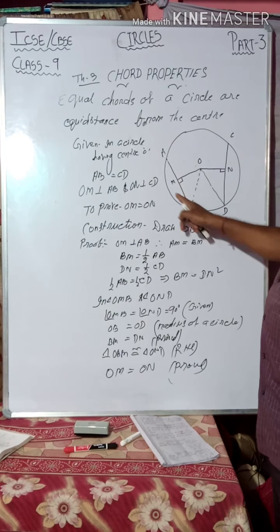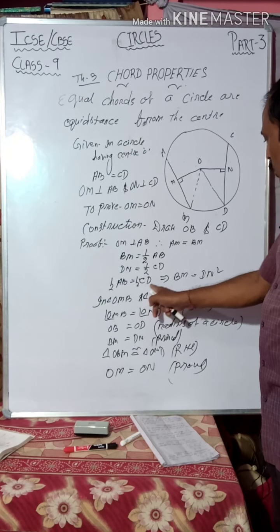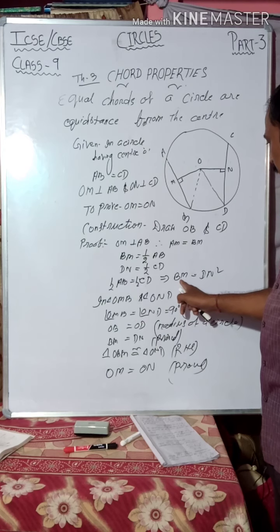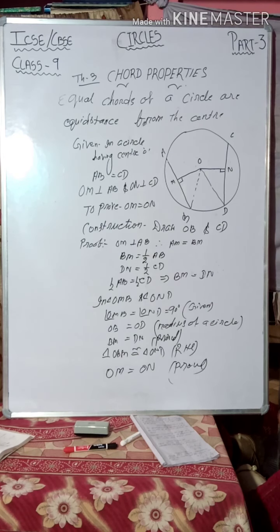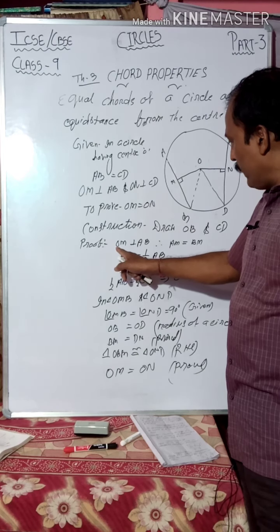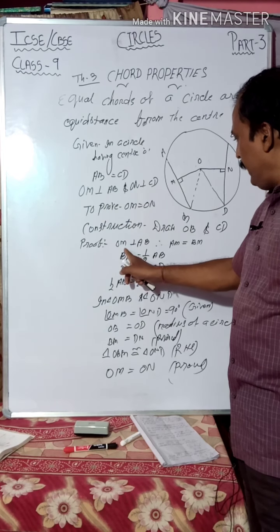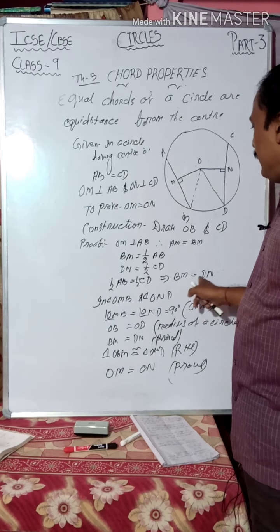So half AB means BM and half CD means DN. So by the given, AB is equal to CD, so half AB is equal to half CD, so BM is equal to DN.